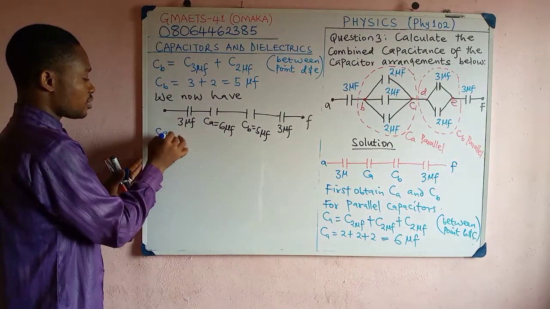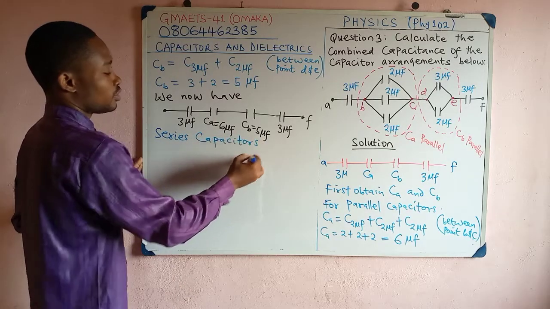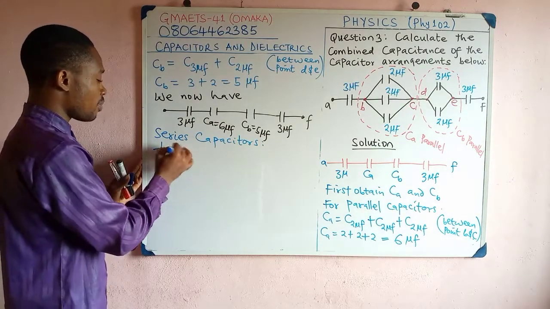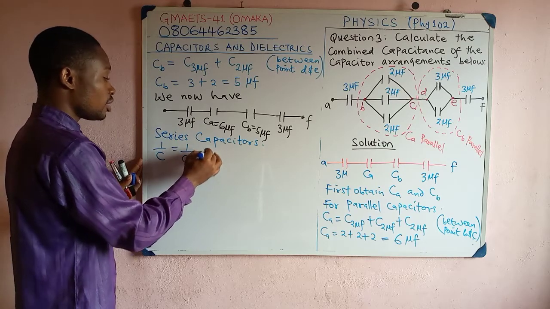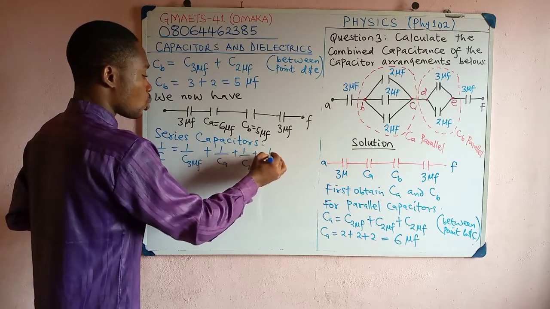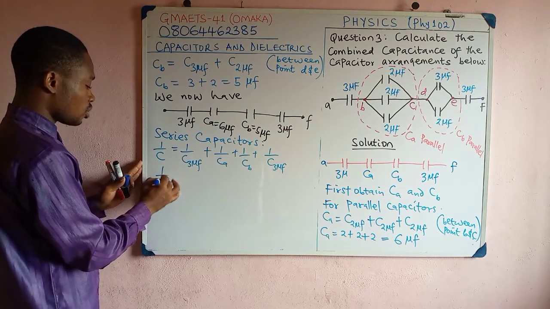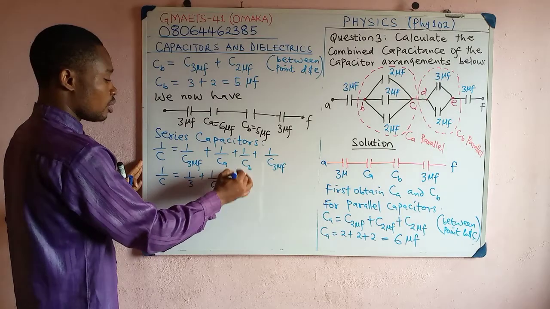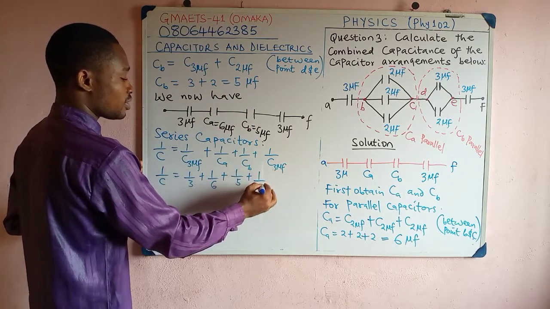For series capacitors, we know that the formula is 1 over the effective capacitance, that's the combined capacitance, equal to 1 over the capacitance of this 3 microfarad plus 1 over CA plus 1 over CB plus 1 over the capacitance of the last 3 microfarad. If we substitute here, we have 1 over C equal to 1 over 3 plus 1 over 6 plus 1 over 5, then plus 1 over 3.